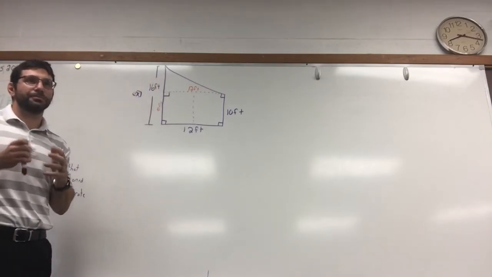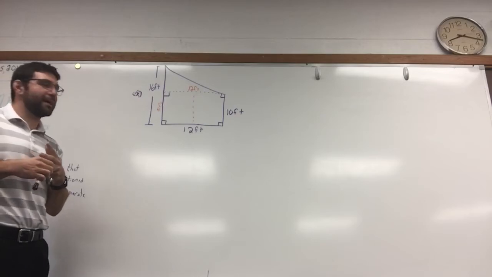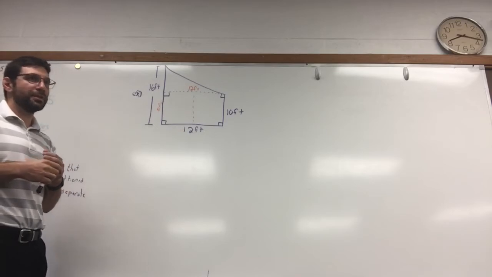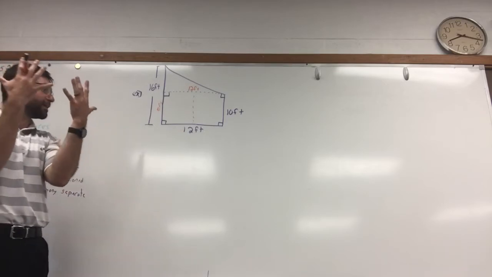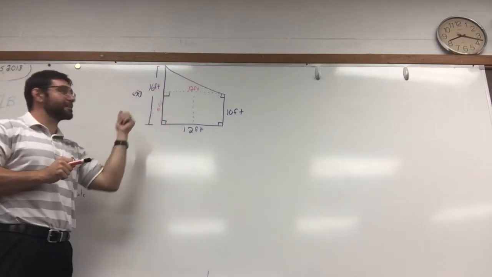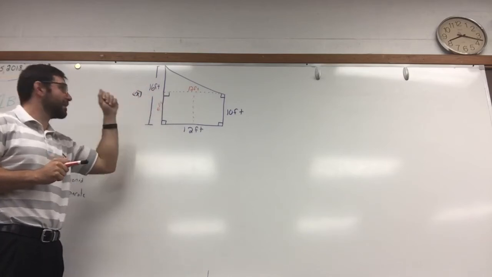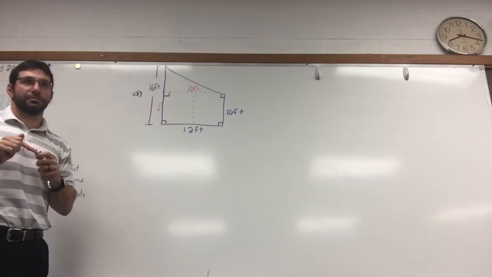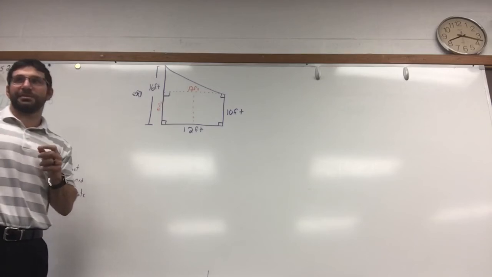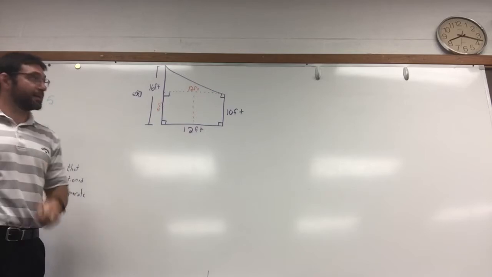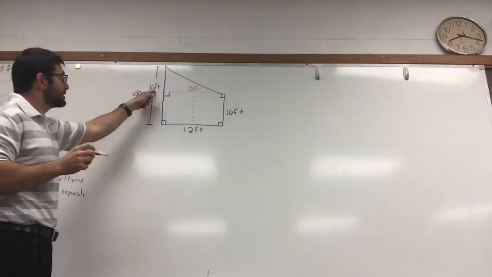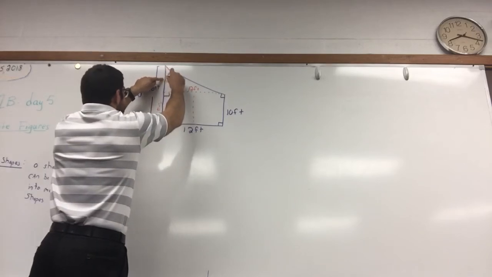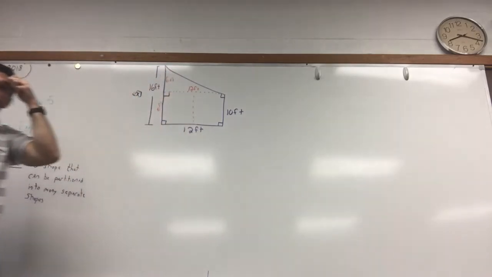Am I going to add them together, subtract them, multiply them, divide them? If the whole thing's 16 but part of it's 10, how can I find what's left over? Let's get some help. Cece? 16 minus 10. Yeah. I'm going to subtract. 16 minus the part we know is 10, so this up here is 6 feet.